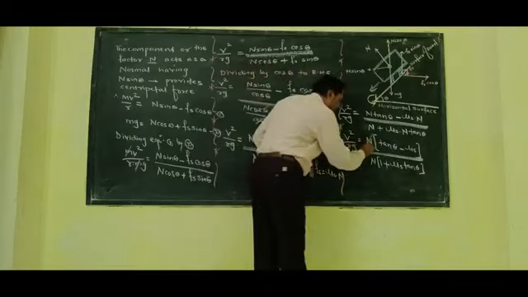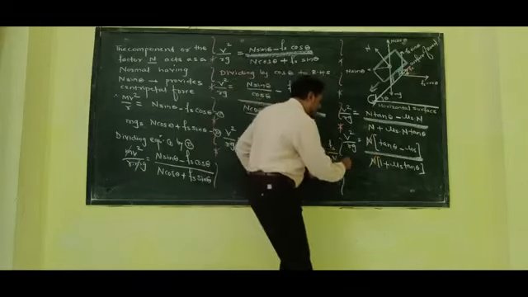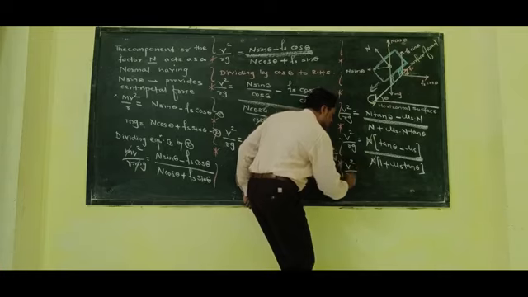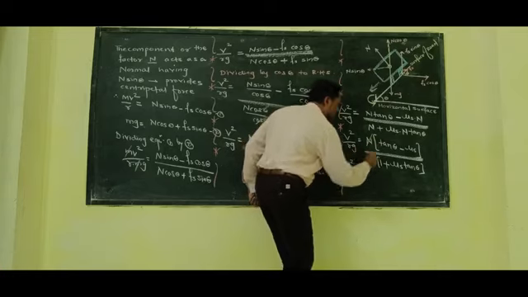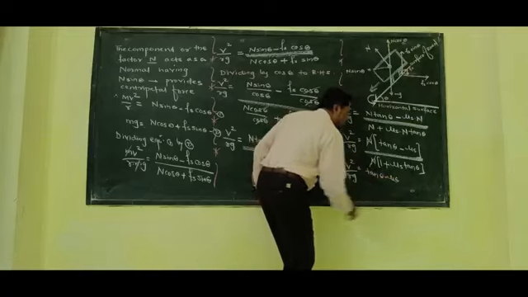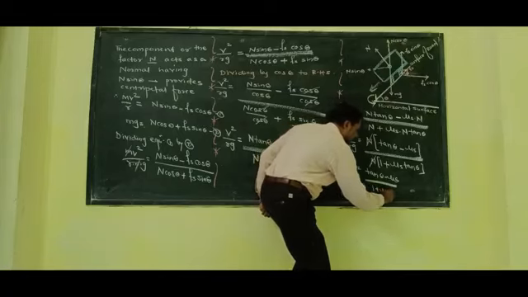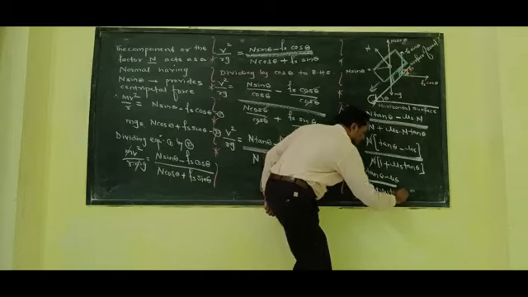So which factor again gets cancelled? This n gets cancelled. What we get finally is v square upon rg is equal to tan theta minus mu s divided by 1 plus mu s tan theta.